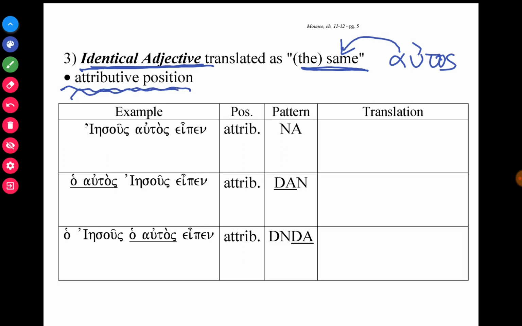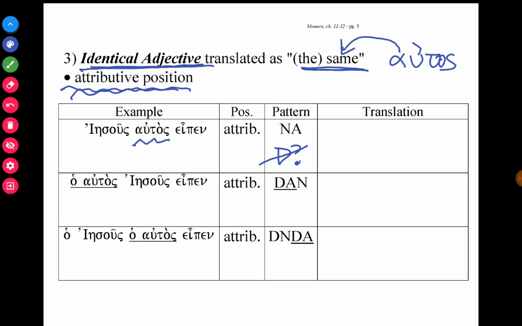So here, in the examples we have, again, there is no article. And without the article being present, we can't tell whether it's a predicate position or an attributive position. Last time we translated autos simply as a predicate position because we're talking about the adjectival intensive use.